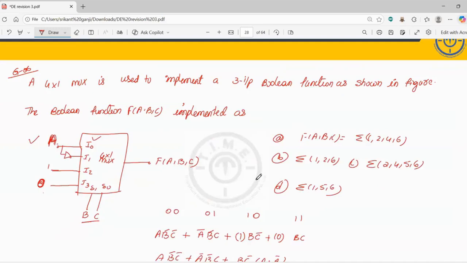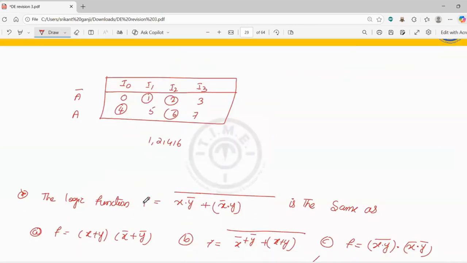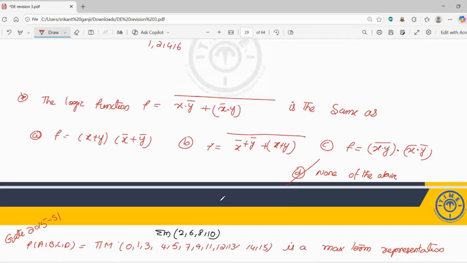Okay, the question was printed wrong here, so this is A and this one is called the 1 and 0, 1 and 0.